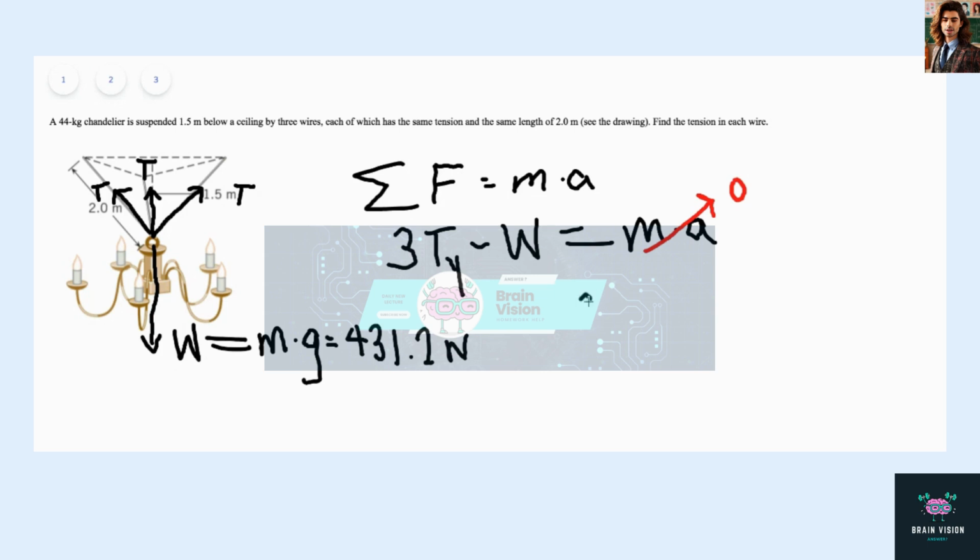Our equation becomes 3 times Ty minus the weight of the chandelier, which I'll express as W, equals 0. So we turn our attention now to determining this term, the tension in the vertical direction of any one of the wires.